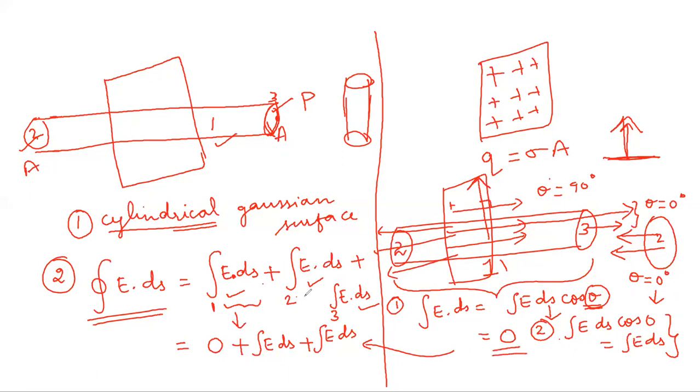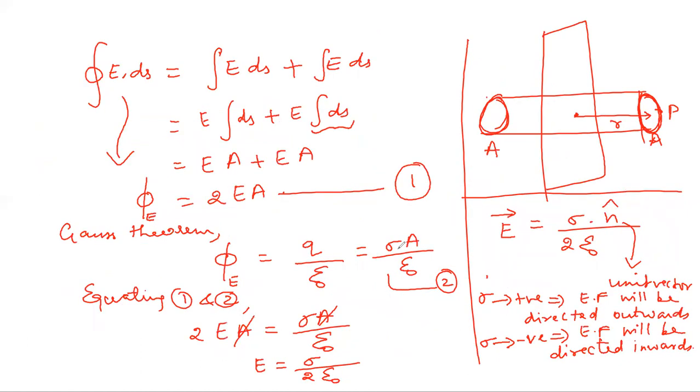But for both 2 and 3, theta is equal to 0. Then if we take the whole area of this part to be A and this part to be A, and substitute, I will get EA plus EA, and that will be nothing but 2 into EA. So finally my flux that I got is 2 into EA.